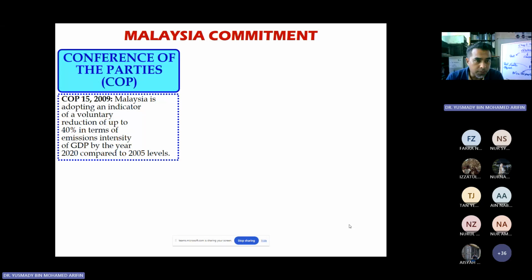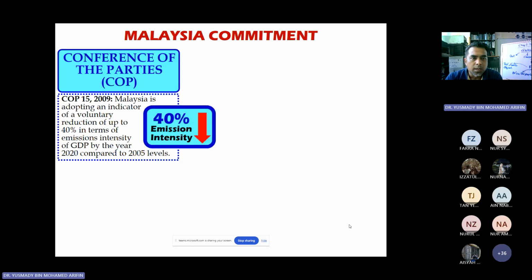So if you refer to COP 15, in 2009, Malaysia adopted an indicator of a voluntary reduction of up to 40% in terms of emission intensity of GDP by the year 2020 compared to 2005 levels, which means the target of our country is to reduce the emission intensity around 40% in 2020. So that was the target during COP 15.